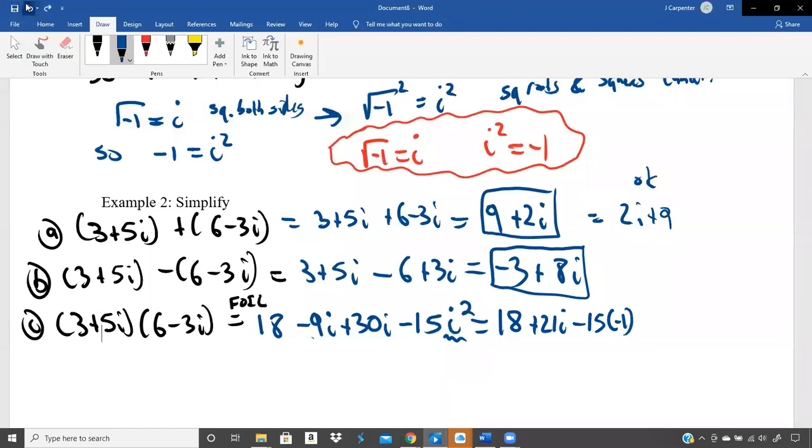You will see that repeatedly, which makes that last bit 18 plus 21i plus 15, negative, negative, which is 18 plus 15 is 33, then plus 21i. Some people will stop with the previous. They'll stop here, but the 18 and the 15 are alike. You got to make sure you catch that. You got to combine them.